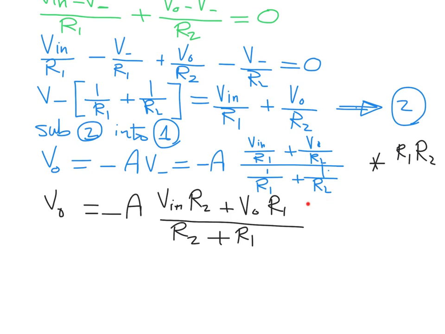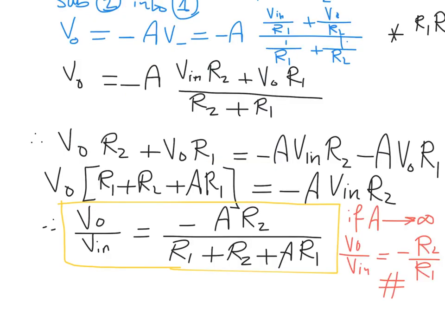To simplify this result, just multiply both numerator and denominator by R1 R2, and then we'll get the relation VO equals minus A times Vn multiplied by R2 plus VO R1, divided by R2 plus R1.